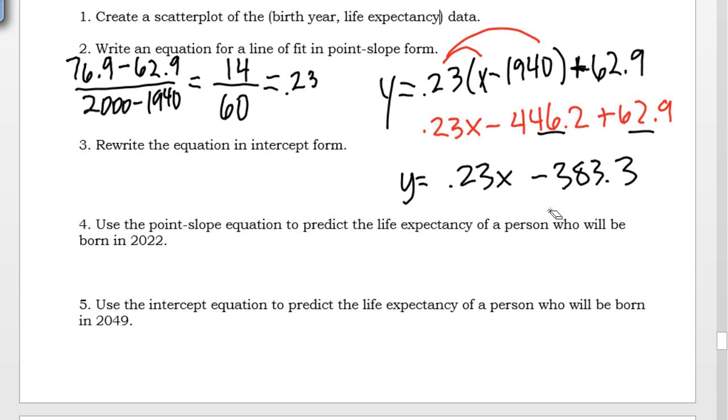Use the point-slope equation to predict the life expectancy of a person who will be born in 2022. Now you can really do this with either equation. You can do this with the original equation, and you can do it with the intercept equation. Either way, we would substitute the value 2022 in for the x variable. We should get the same answer no matter which equation we choose, which is a really nice way to check your answer.